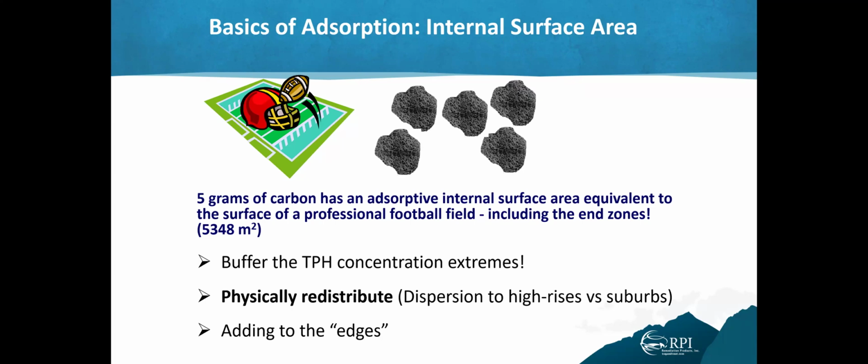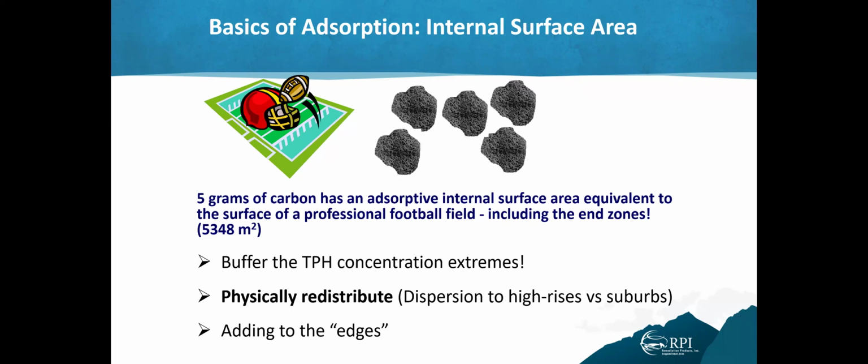So you can think of this as physical redistribution, except the activated carbon is more like a high rise, like you've just filled it full, as opposed to spreading it out across the open areas like a suburb. And then, as I've mentioned earlier, also the edges of these concentration changes are sometimes the best places for higher rates of biodegradation. So that's what we're looking for with the activated carbon.